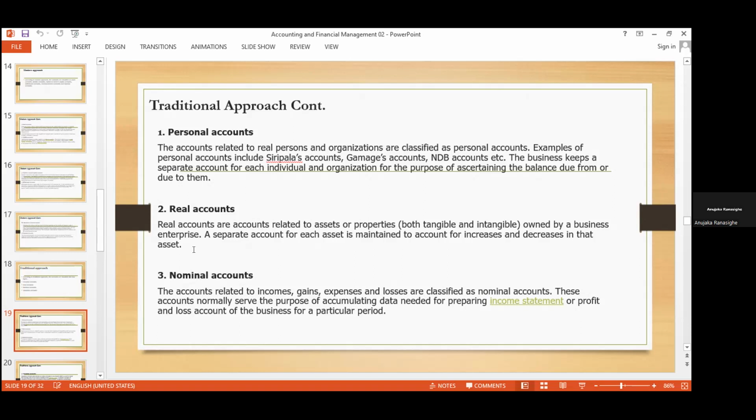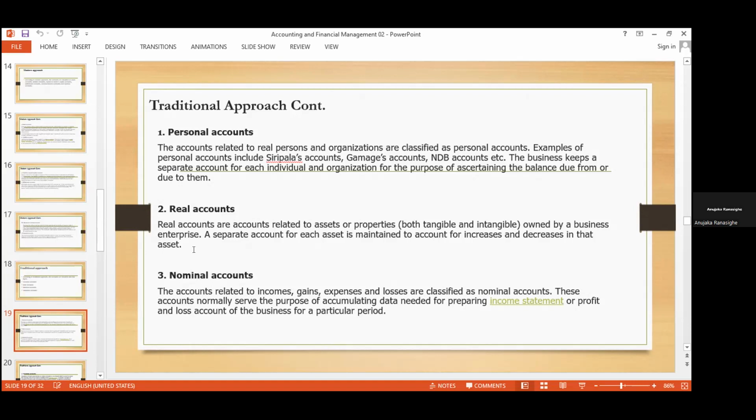Motor vehicle accounts, building accounts, and any other assets have separate accounts. That is called real accounts under the traditional approach.